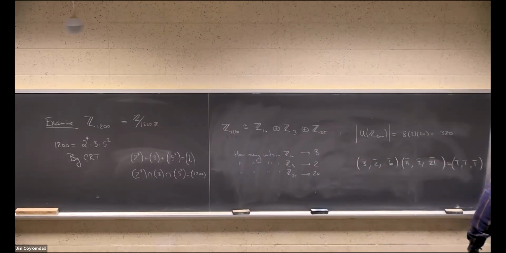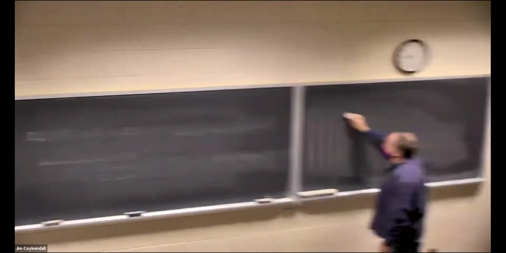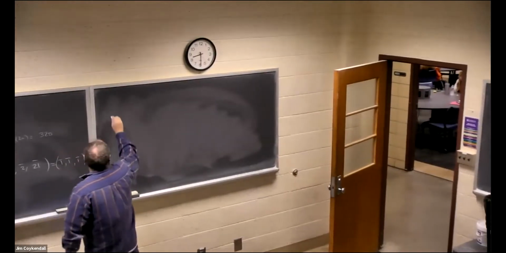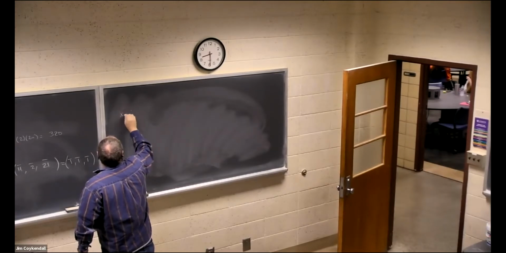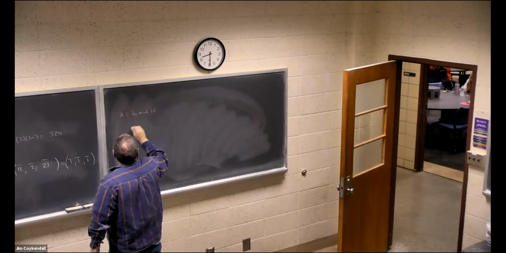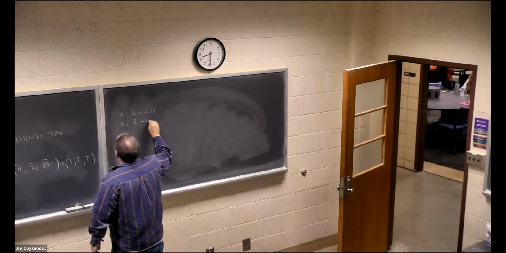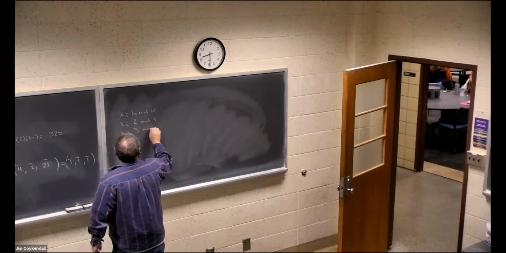So this is the other part of the Chinese remainder theorem. Let's figure out what this is. Whatever x is, it should be equivalent to 6 mod 25, equivalent to 2 mod 3, and equivalent to 3 mod 16.